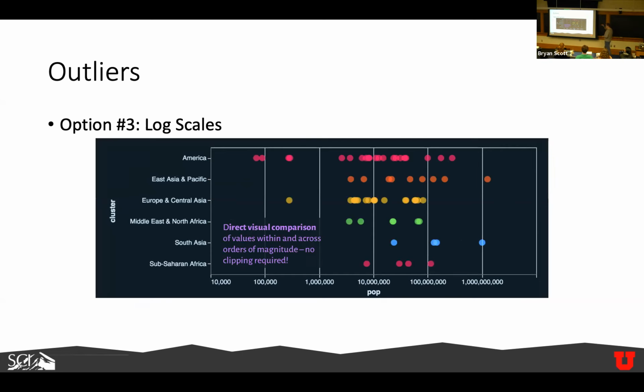Okay, but again, it makes interpretation a little bit more difficult because you have to realize that these things are going up in an order of magnitude. In this case, it's a base 10 log scale. And so you have to realize that these things are 10 times this, as opposed to being 1 time. So misinterpretations abound if you're choosing log scales.